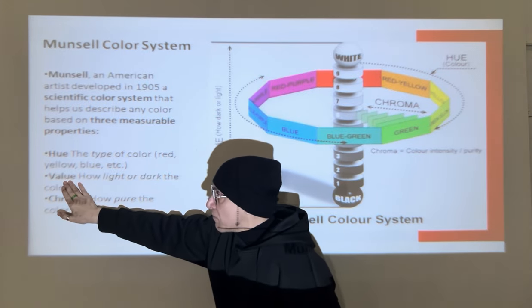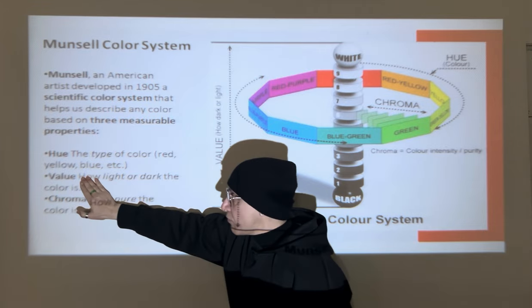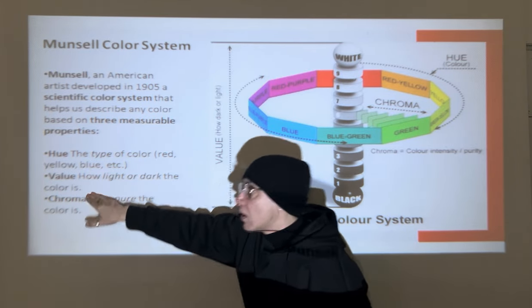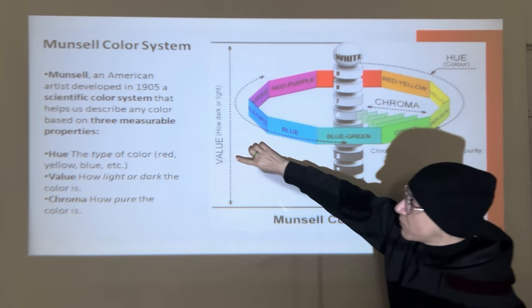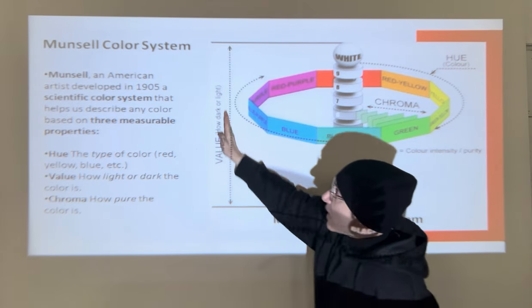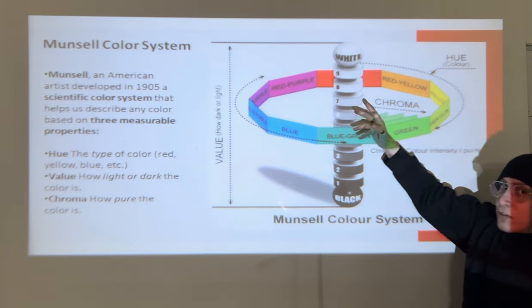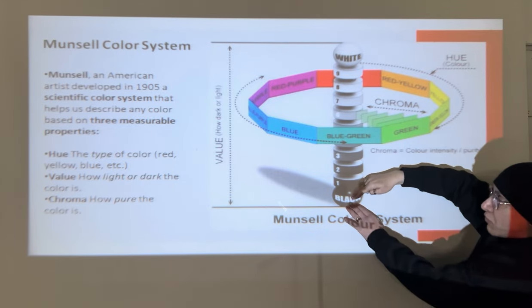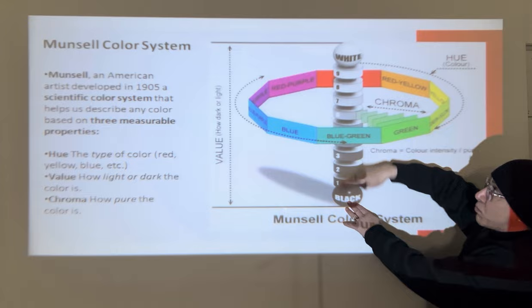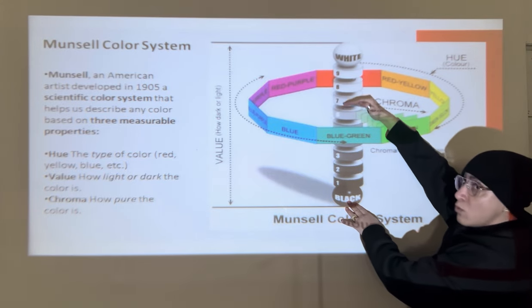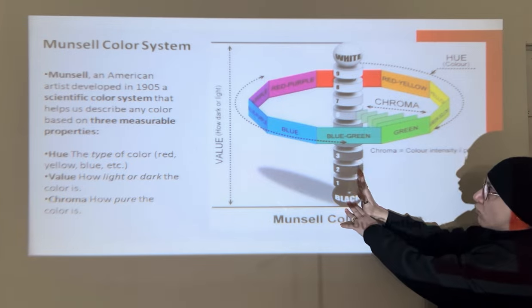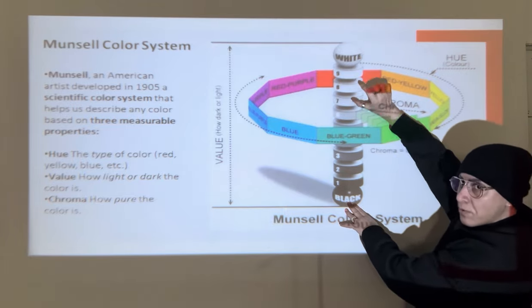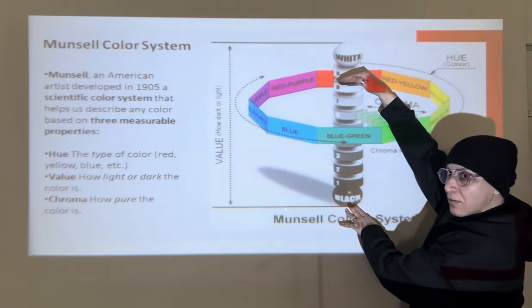The second, the value. Value refers to how light or dark the color is. Look here, value, how light or dark. What this refers to, this in the center here. You see? This is actually the grayscale. If you notice, black, white, and in between the grays. So the more we put this wheel up, the lighter the colors become.